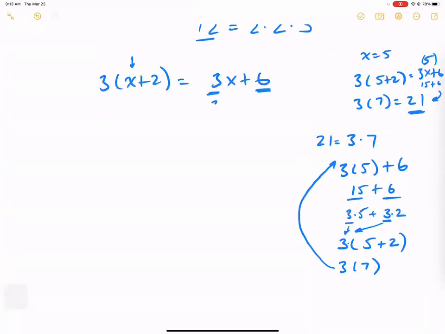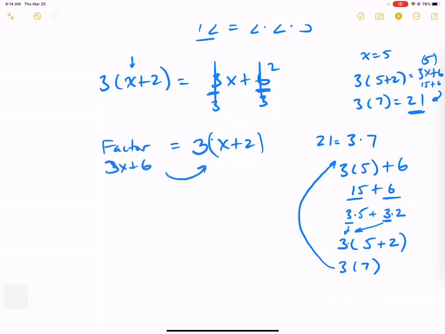So if I divide them both by 3, we end up with x plus 2, right? Now I'm going to throw a 3 in front. So in order for us to factor 3x plus 6, we can factor it to become 3 on the outside because we're going to pull it out, and we have 3 times x plus 2.